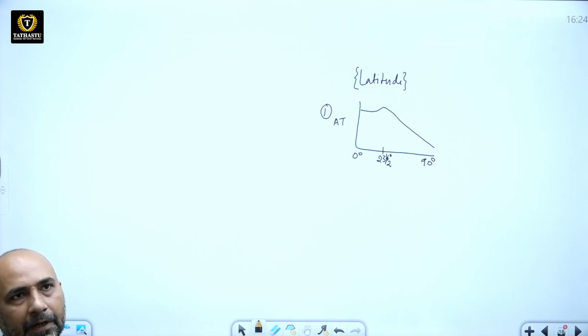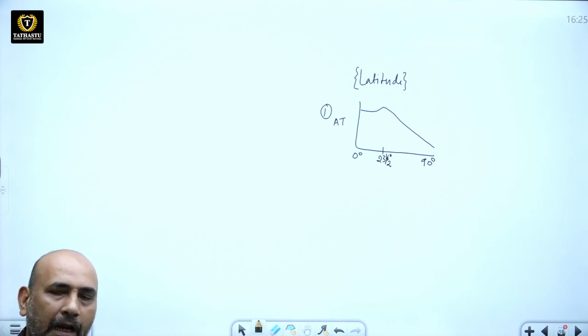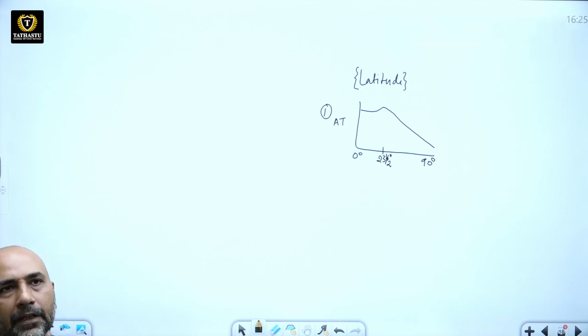And remember, next point. Annual range of temperature increases from low latitudes to high latitudes in general.